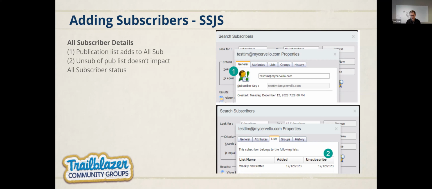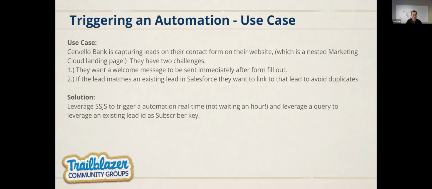And then if you unsubscribe them from that publication list, as you can see displayed here, they are unsubscribed from that publication list, but they are still active within all subscribers. Just the unique characteristics of that, and just to circle back on the functionality with that as well.